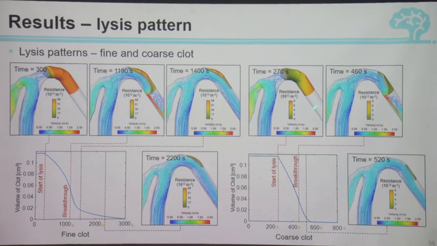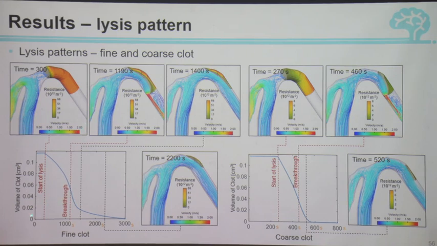Similarly, you have the figures for the same clot but with different structures, representing the coarse clot. The lysis pattern is similar. The only difference is that the time it takes for the coarse clot to degrade is much shorter compared to that of a fine clot.